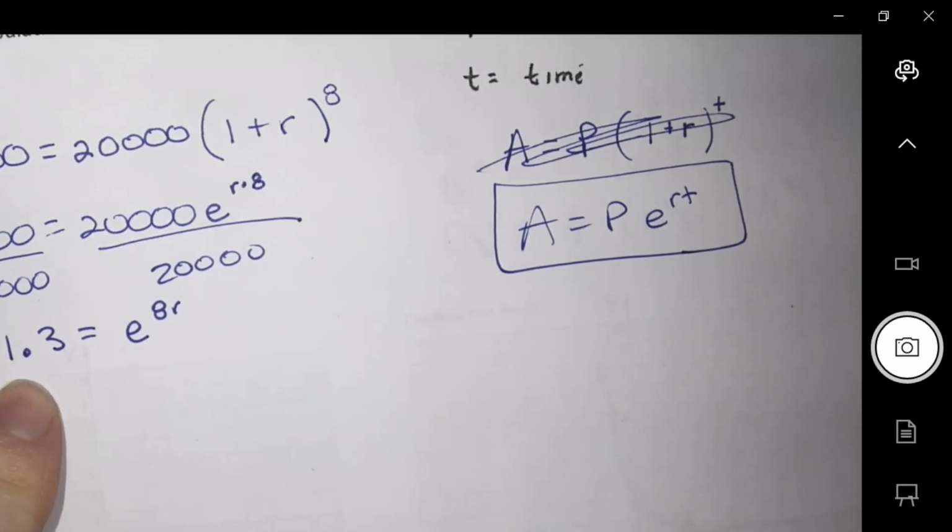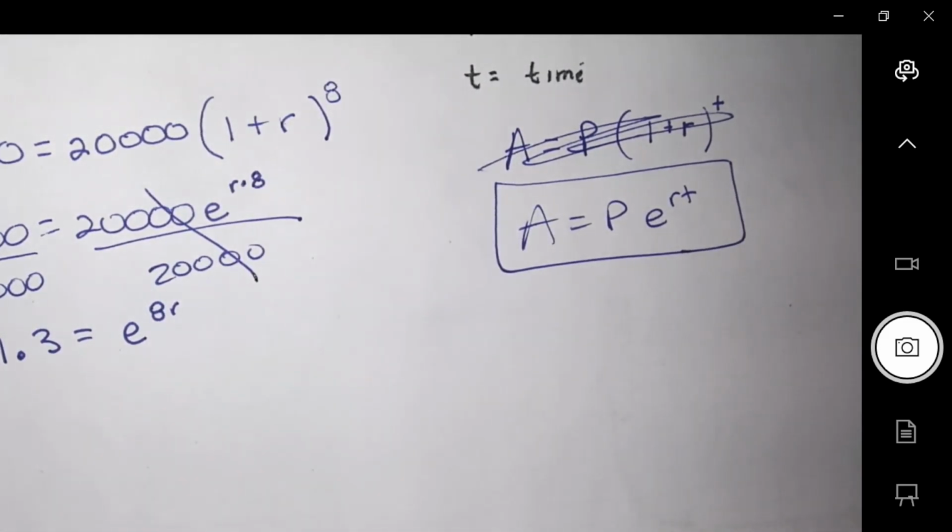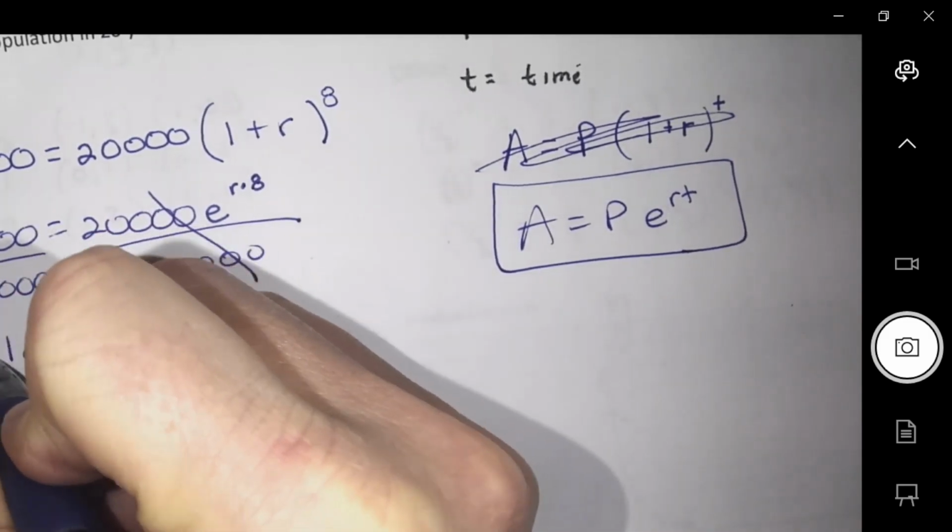If it doesn't come out to a nice decimal, make sure you're leaving it as a fraction. What do you want to do at this point? You have an exponential equation, so log both sides. What is better than logging both sides? Natural log both sides.